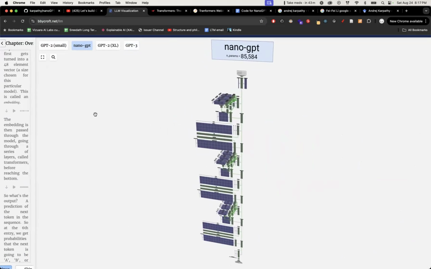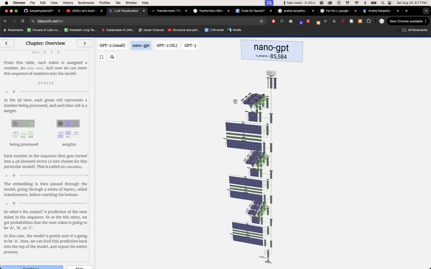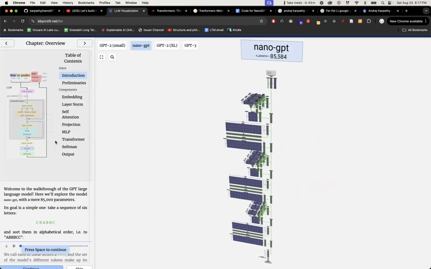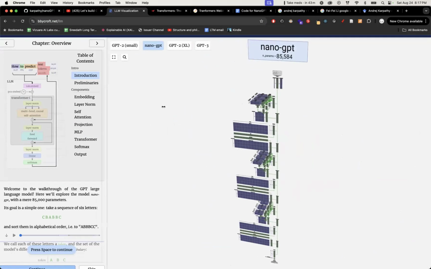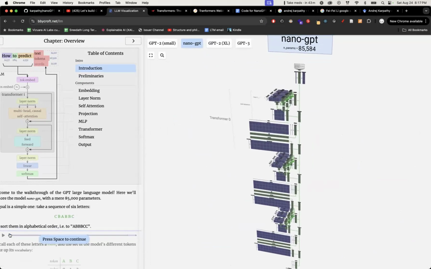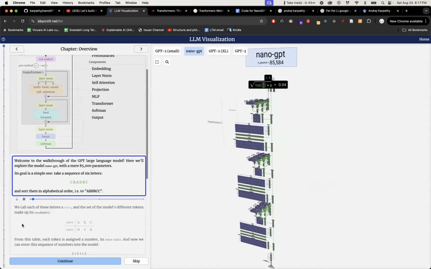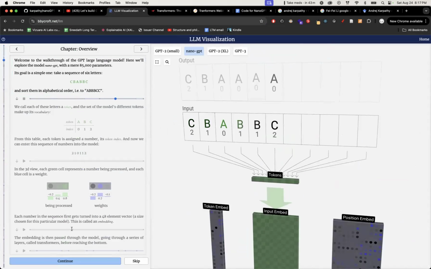This guy has built, his name is Brian, I think, this very beautiful looking animation showing the flow of input into position embedding, sorry, vector embedding, and then later into the attention head, everything. So here he has completely decomposed the whole process of predicting the next word step by step.